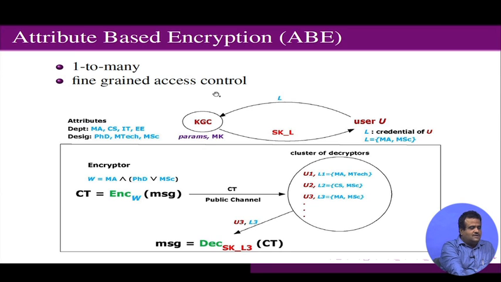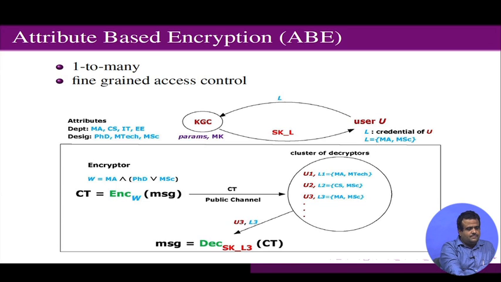Here the scenario is that every user has a credential. Suppose we are talking about a student database, and the user is a student. That student is MA, meaning a mathematics department student or math student, and MSc, the student is enrolled as an MSc student. So this L is the credential of this user.